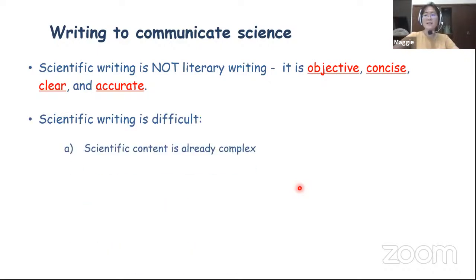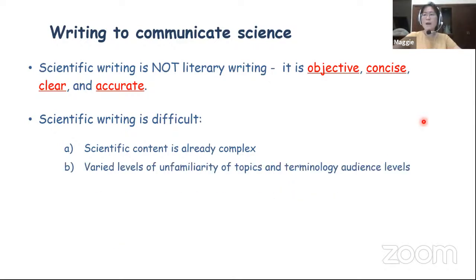The scientific content is already complex. You are working on something very complicated, for example, the mechanism of how cells work together, the pathology of a disease, the drug target confirmation. So the content for the writing itself is already very complex.